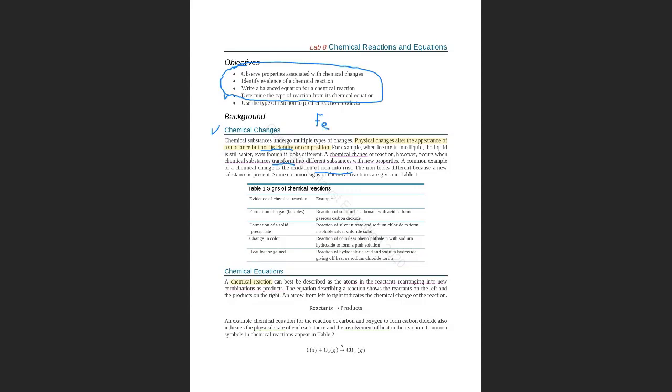Because the iron combines with oxygen to form an oxide, which is the rust. We will go over later how to balance this equation. This is an example of a chemical change because the rust obviously has a different color. So this is just one example.